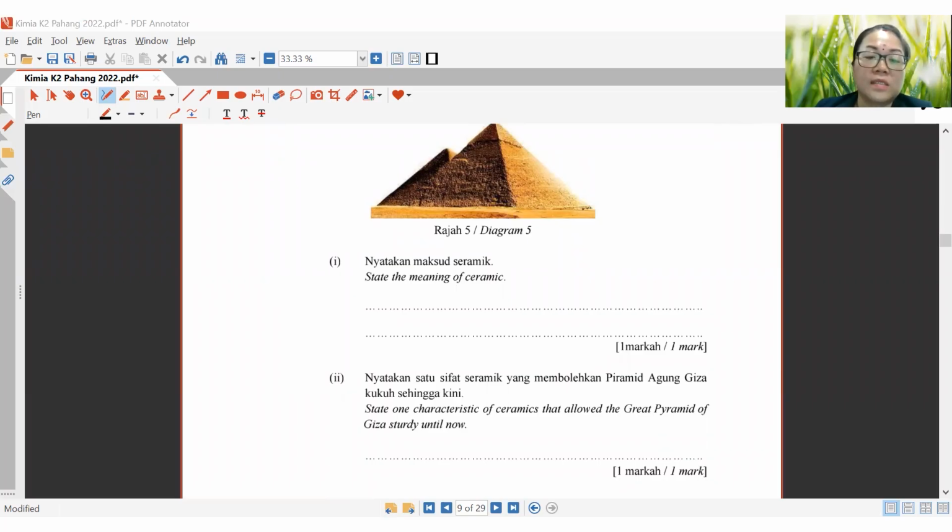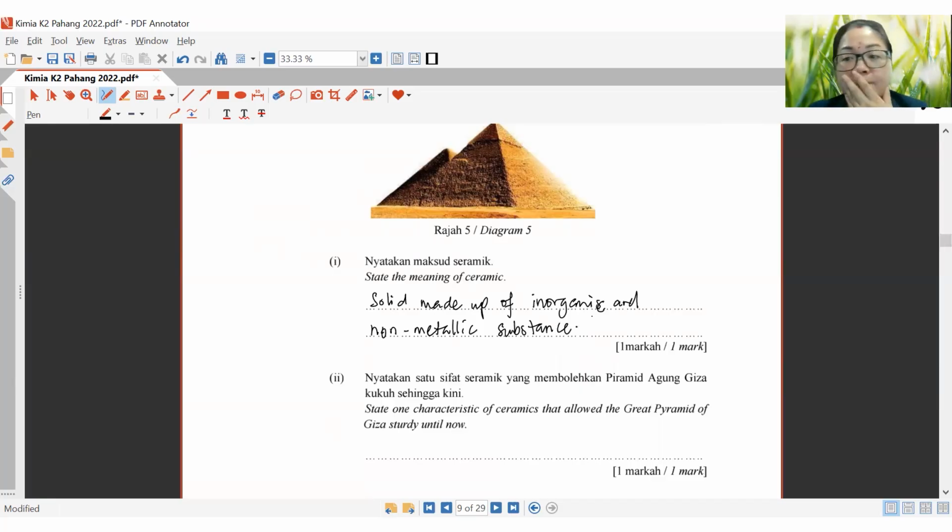Okay, so a ceramic is a solid made up of inorganic and non-metallic substances. That's what we call a ceramic.